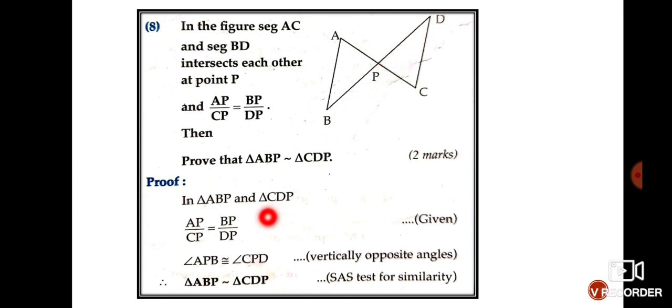Okay, now they have already given that these two corresponding sides are proportional, and you know that angle APB is congruent to angle CPD. The reason is vertically opposite angles. So in these two triangles, the two corresponding pairs of sides are proportional and the included angles, a pair of vertical angles, are equal. So the two triangles are similar by the SAS test of similarity.